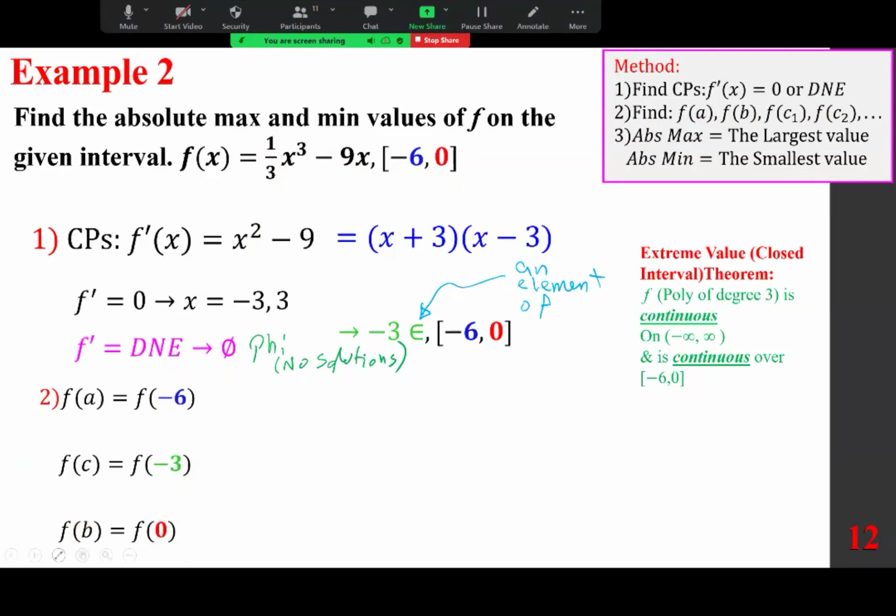If I go with -6, I put 1/3 of -6 cubed minus 9 times -6. So 1/3 of that is minus 72, plus 54, and that's -18.